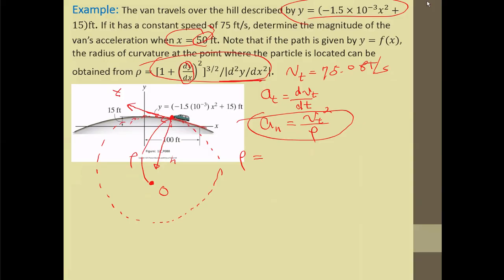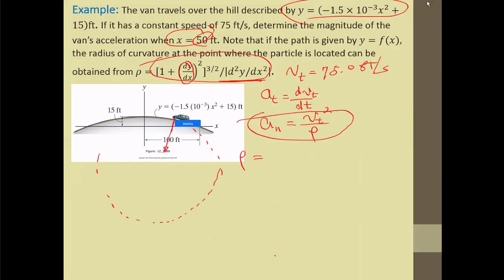Okay, so now if we draw the acceleration when x equals 50, tangential acceleration is 0. Normal acceleration is this. In this case, this is simple.